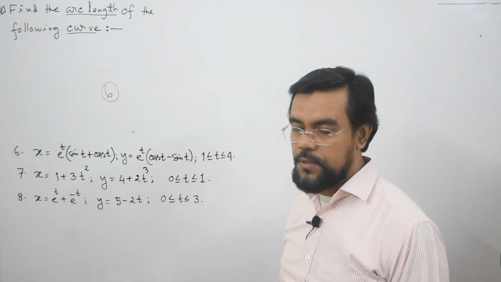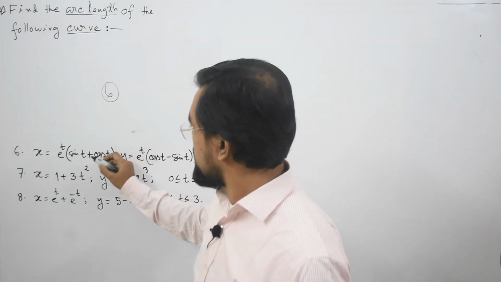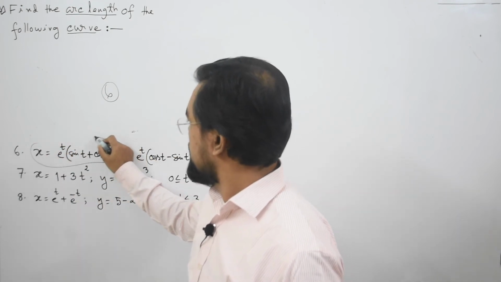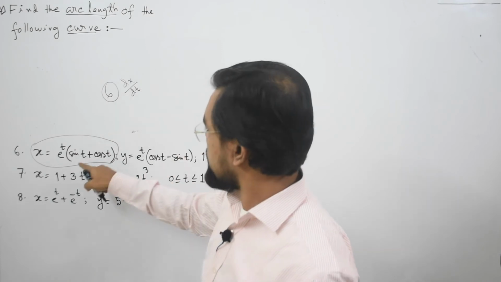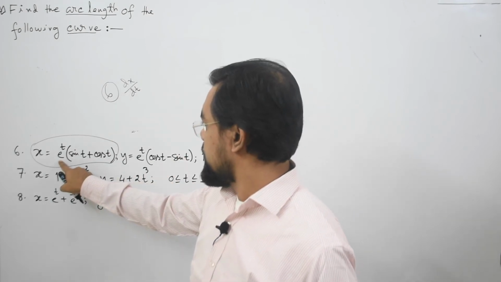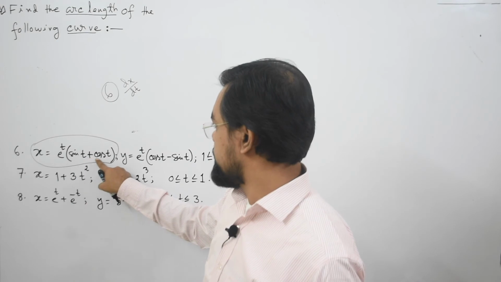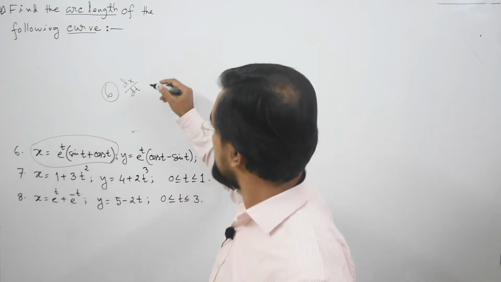So now let us try to solve example 6. Here x is this. So we can calculate dx/dt by the product rule, and let's say this is u and this one is v within the first bracket.